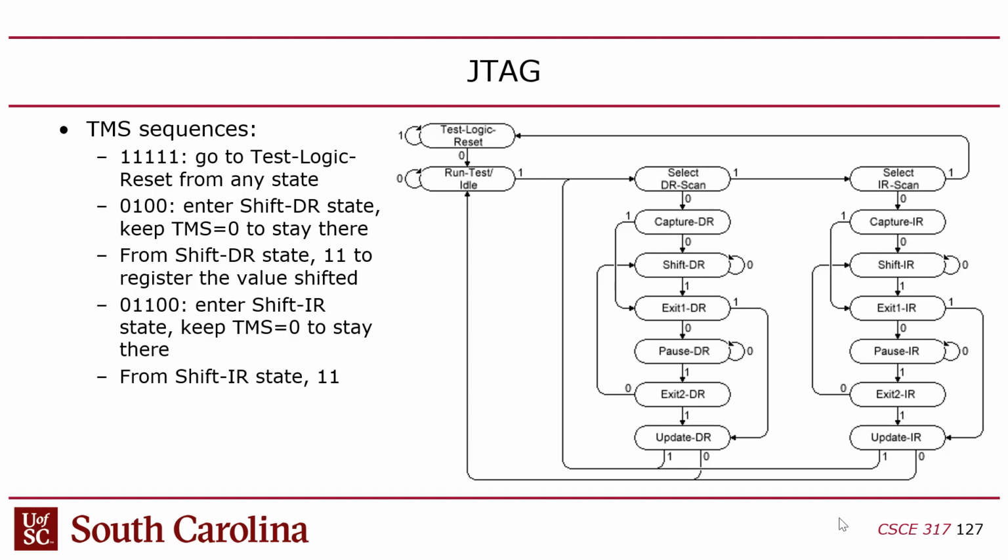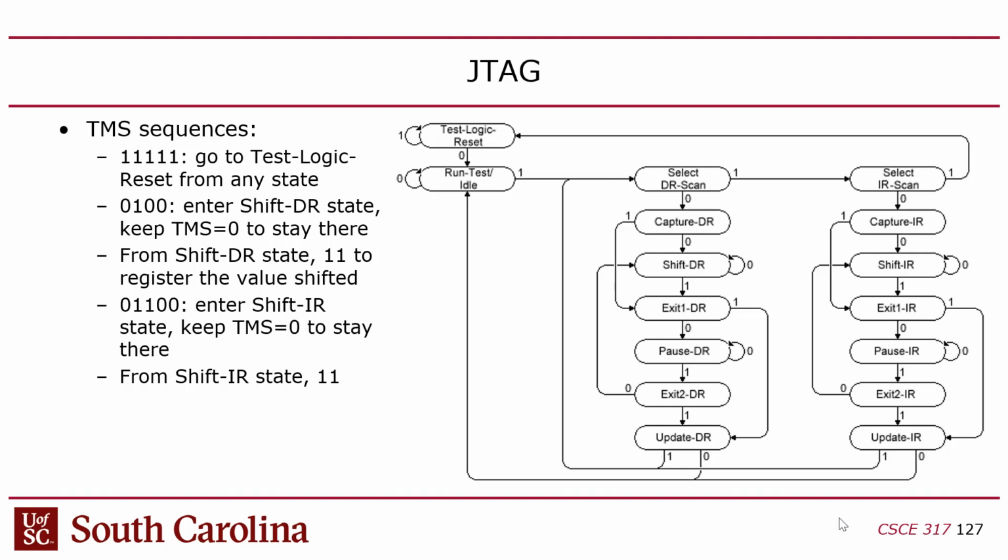And then for the instruction register, 01100 gets you to the shift instruction register. You keep TMS 0 to stay in that state. And then from the shift IR state, you put a 1 to register that. So 1 and then 1, which goes to the update instruction register.